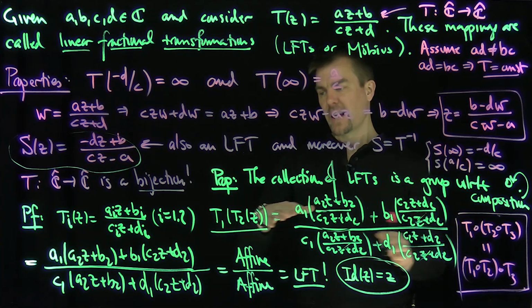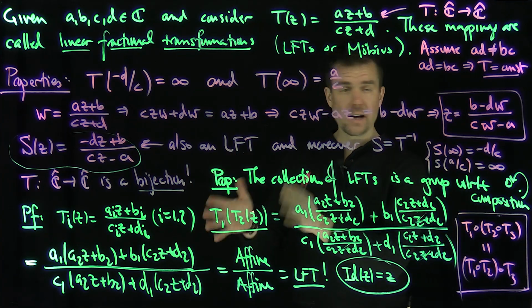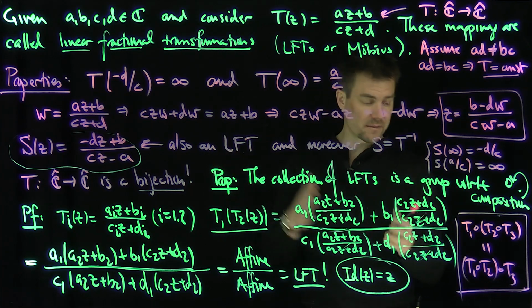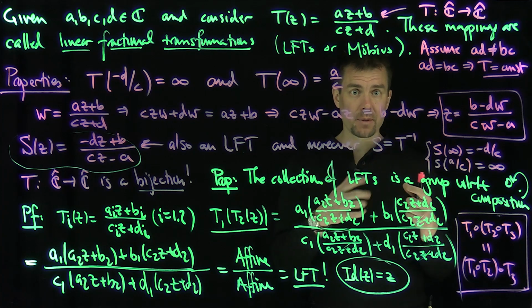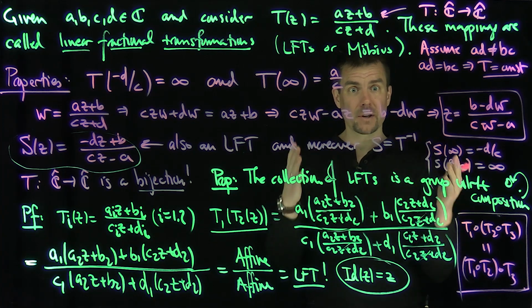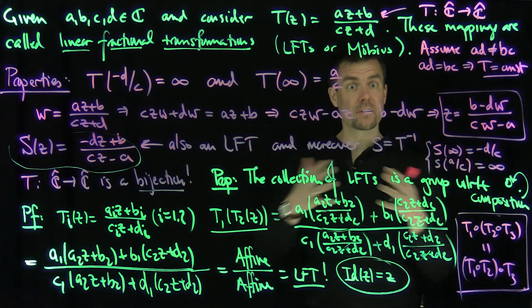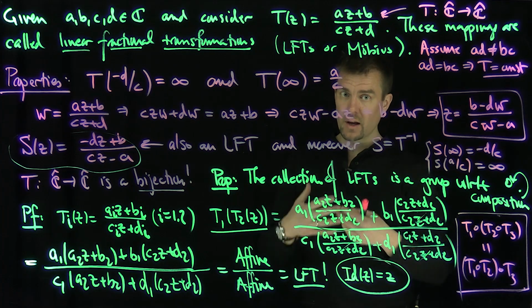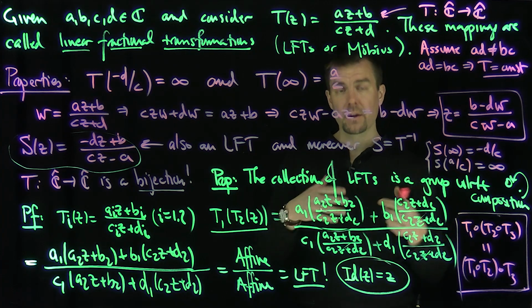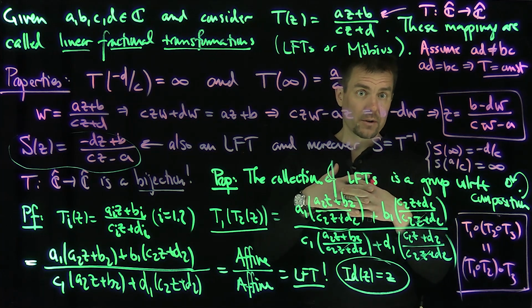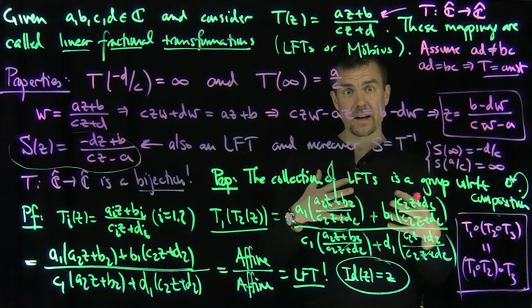We'll see a natural isomorphism between the class of LFTs and complex-valued 2x2 matrices with an invertibility condition, like a general linear group. So there's an isomorphism between the set of LFTs and the set of invertible 2x2 matrices with complex entries, and we'll see that in further videos.